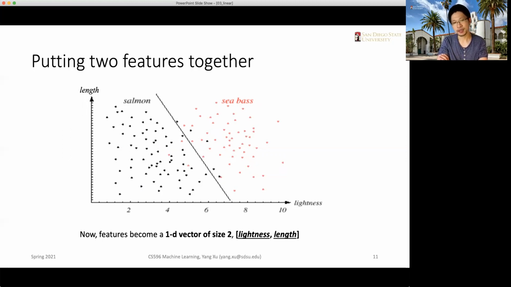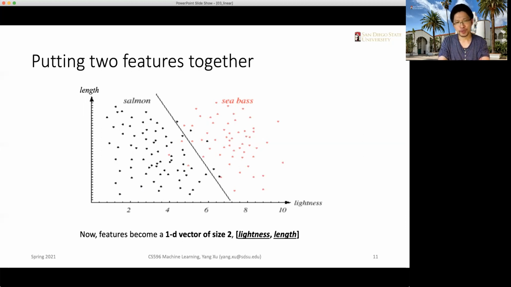So if we look at these plots in the 2D space, now we need to plot two features. The y-axis is no longer the counts, but now we are actually splitting the two kinds of fish based on the features they have. Each data point becomes a point in this 2D plane, and different colors indicate the species.